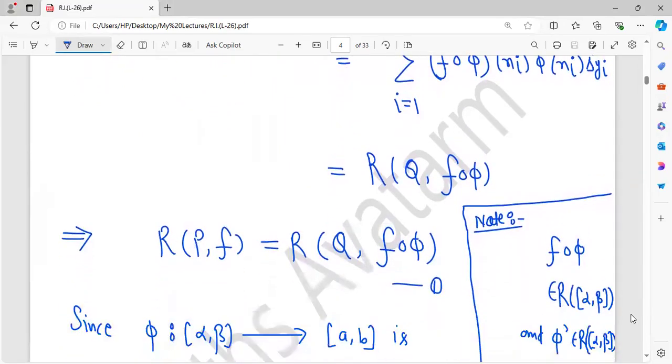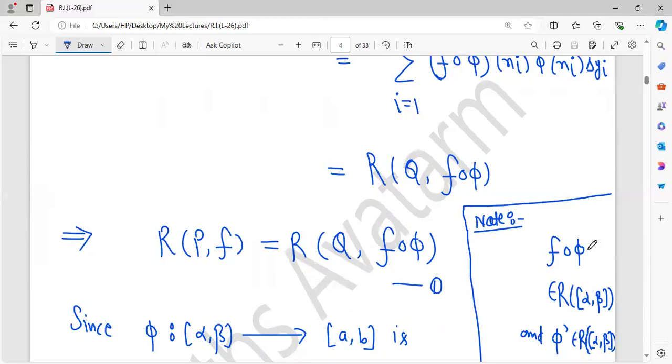Note that this composition, f composed φ, is Riemann integrable. However, the composition of two Riemann integrable functions is not always Riemann integrable, but this is Riemann integrable because φ is a strictly monotonically increasing function and it is continuous. So its inverse will exist and it is also continuous, and it is uniformly continuous.